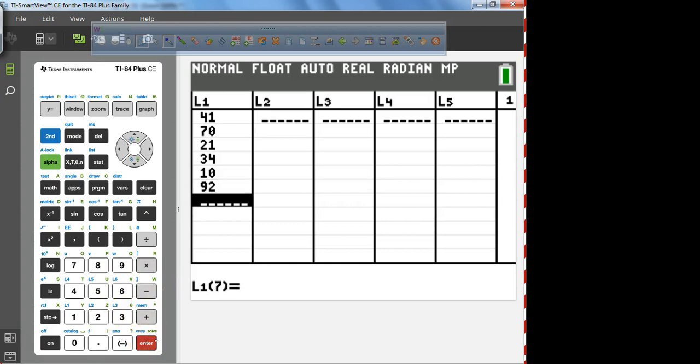I'm typing all these in just looking at my paper. Should have written those down. Follow along if you need to, or rewind the video. 24, 10, 35, 42, and 66.